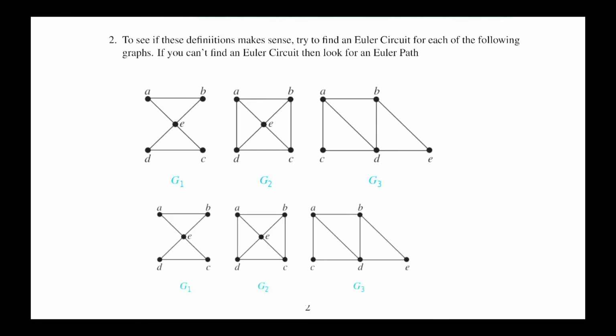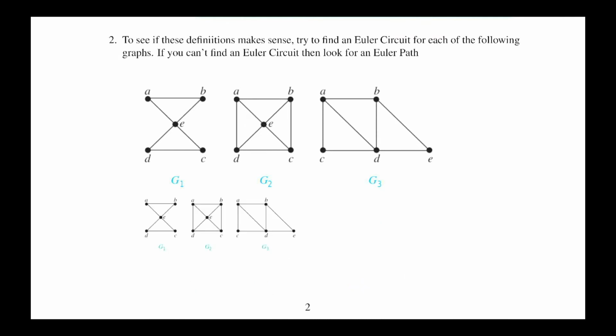So we're going to try to find a circuit. Oh, I guess we don't need it twice. So we're going to look for a circuit first and then try to find a path. Circuit means we stop where we start. Okay, so let's just try to find it.